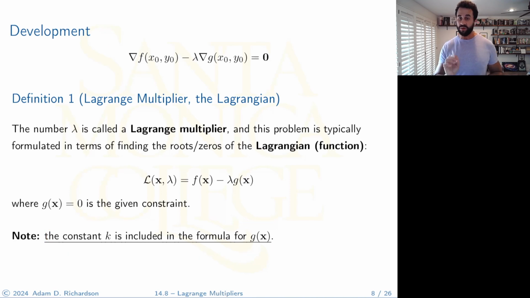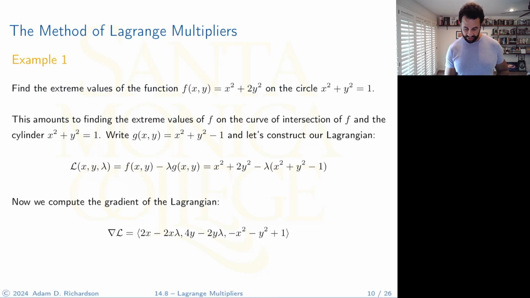This is one way that this explanation differs from what you see in the book, and really it just boils down to subtracting k. That's why you write your g function. So g of x, y is x squared plus y squared minus 1, right? And when g of x, y is equal to 0, that gives you this.